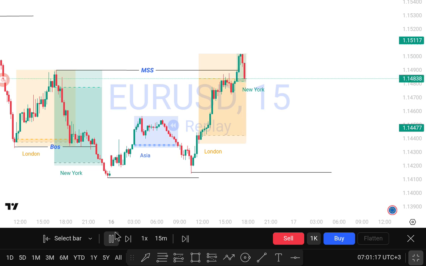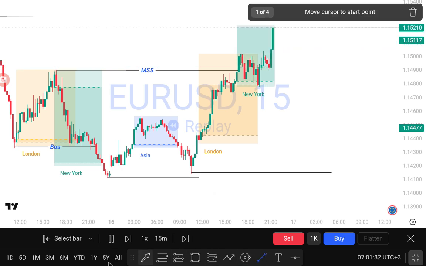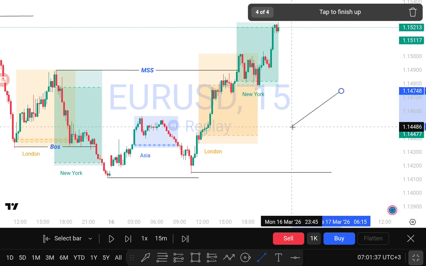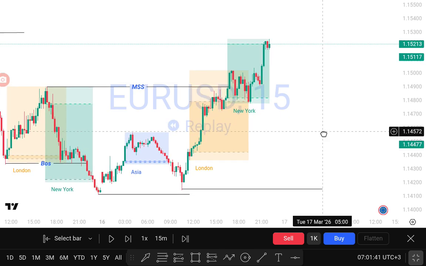Let's see. After breakout of structure, we expect a pullback. Okay, look. Okay, we have our high here. Now look, price has continued. Can you see? Can you look at this?